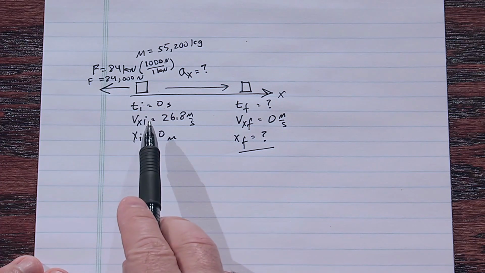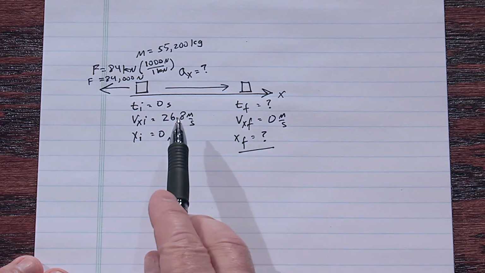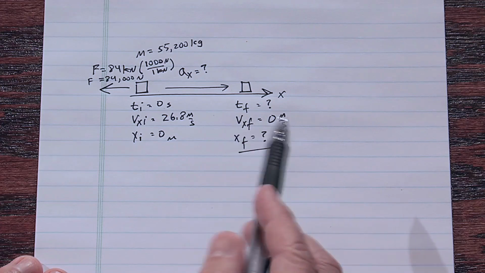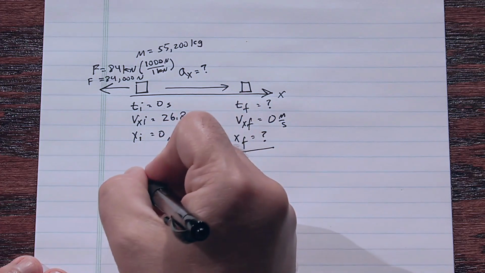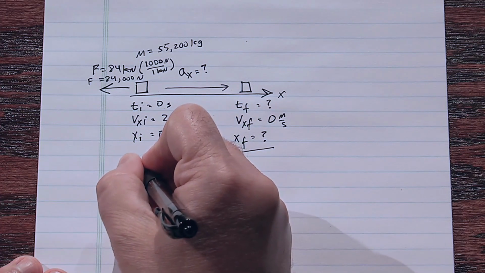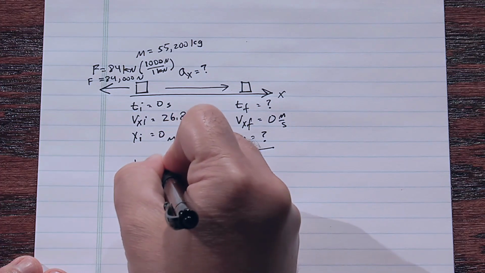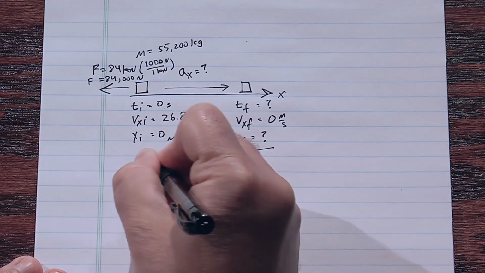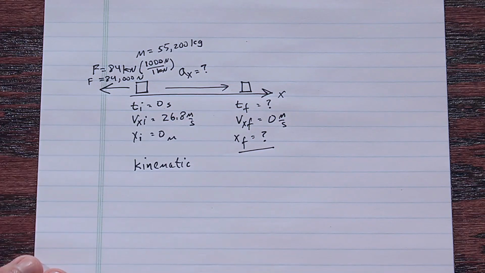We have to pick our equations now. Well, we have motion, we have a change in time, a change in velocity, a change in position. So we know that this is going to be a kinematic situation. Well, we need to pick a kinematic equation. What do we not know, and what do we not need to know?